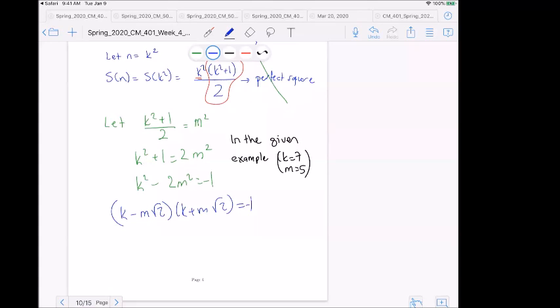If you plug in 7 and 5, you will see that this works. 7 minus 5 root 2 times 7 plus 5 root 2 works.